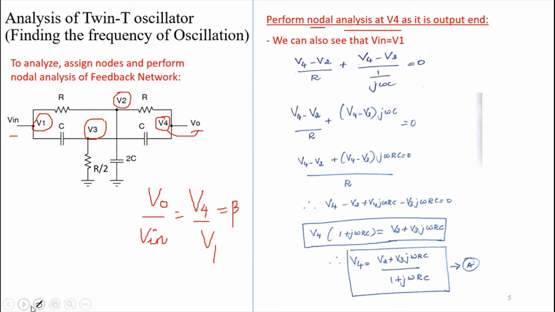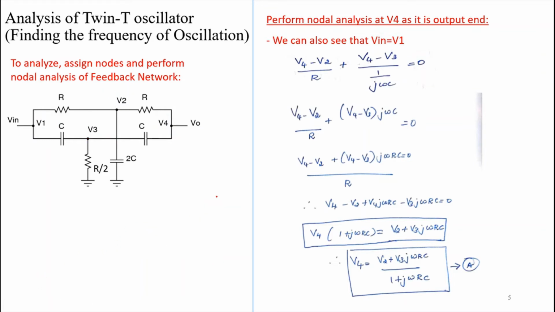If I apply nodal analysis over here, I can write the equation as V4 minus V2 divided by R, the first term. Then we've got one more branch over here: V4 minus V3 divided by the capacitance, which you should write as 1 by j omega C. So I have this equation for the V4 node.